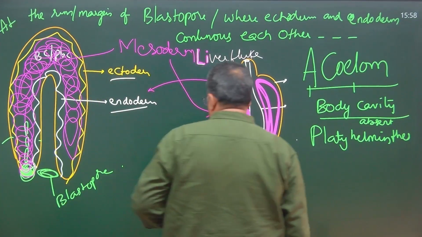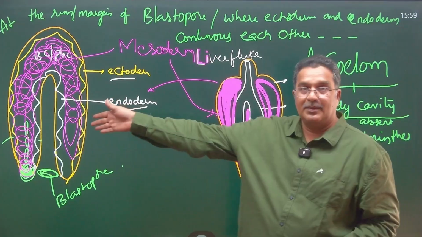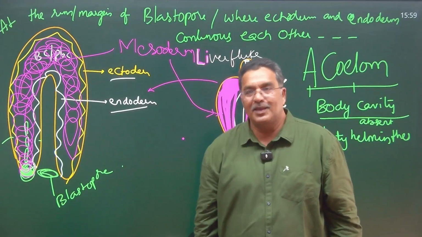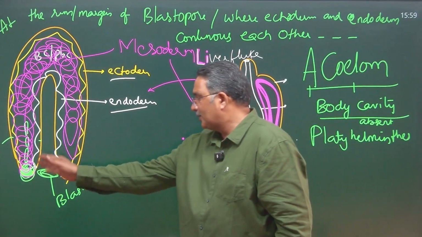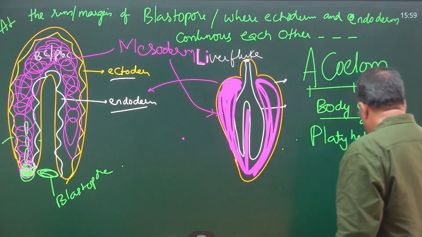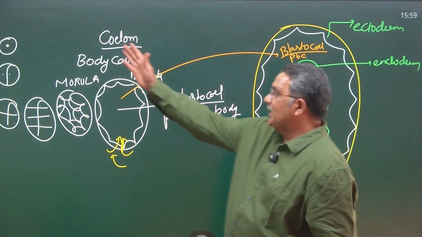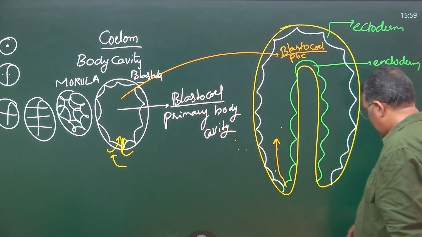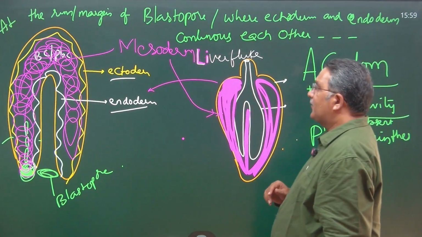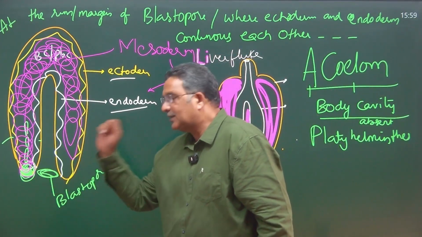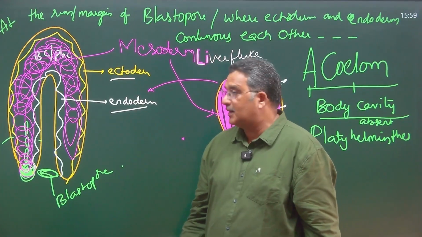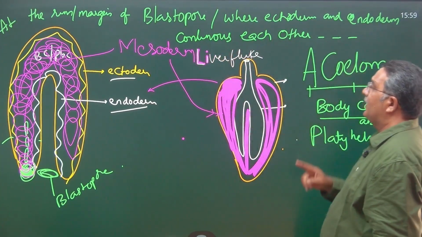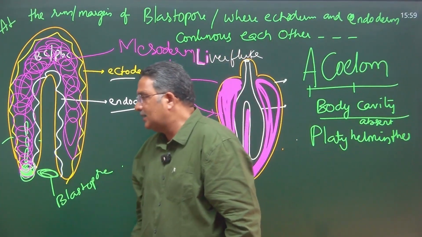Thus, they are answering that in my childhood, that means during embryonic development, where I started the story from zygote, 2 cell, 4 cell, morula, blastula, that developed into the gastrula. Then what happened? The mesoderm, from where it originated, at the rim or margin of blastopore, where ectoderm and endoderm are continuous with each other.